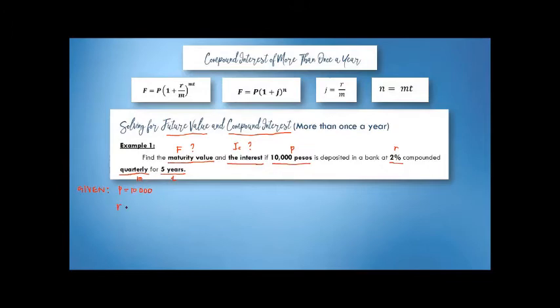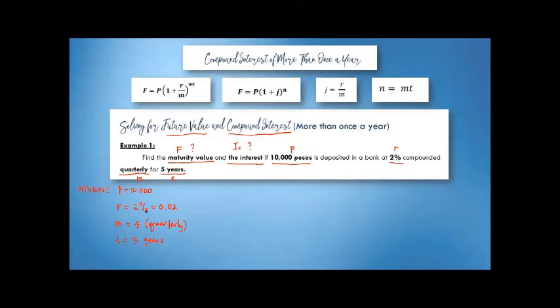We have the rate, which is 2%. Kailangan natin i-convert into decimal. That is 0.02. Then we have the compounding period, which is 4. Kung bakit siya 4? Because that is quarterly. And then we have the time in years, that is 5 years.